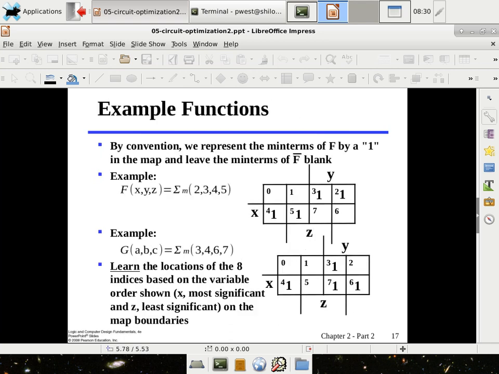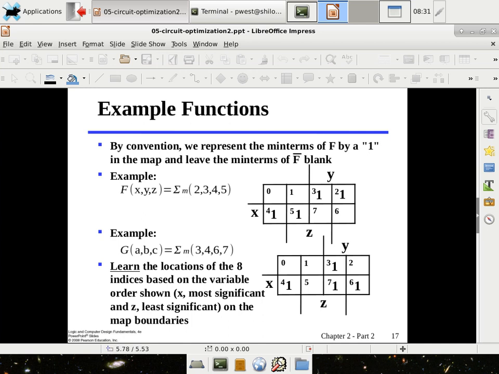All right. So some more example functions. We show that you can just write it as a sum of minterms. So if we just write 2, 3, 4, 5, we can write them in right here. So let's see. Read off to me what this would be. 0, 1, 1.